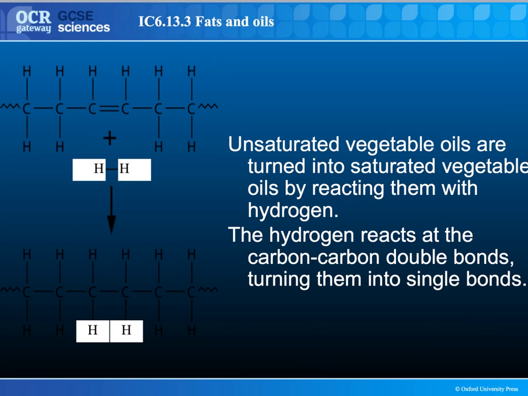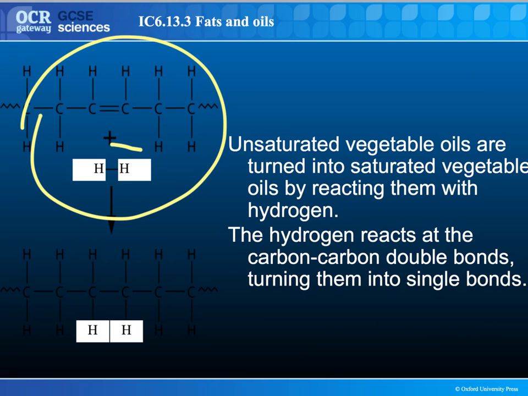This is how that's done. You take your unsaturated hydrocarbon here and your hydrogen, you react those together. That splits the double bond that was in this position, creating a saturated hydrocarbon here.